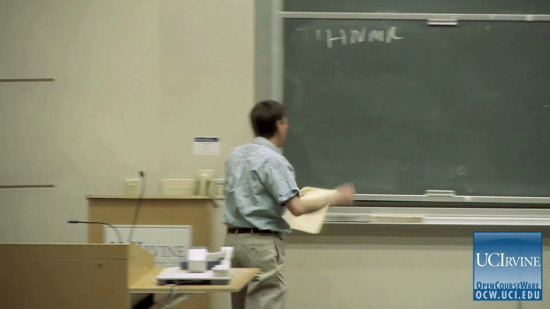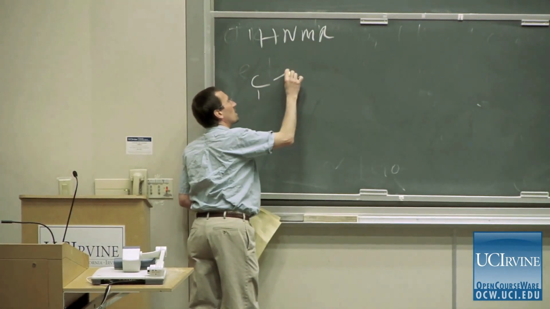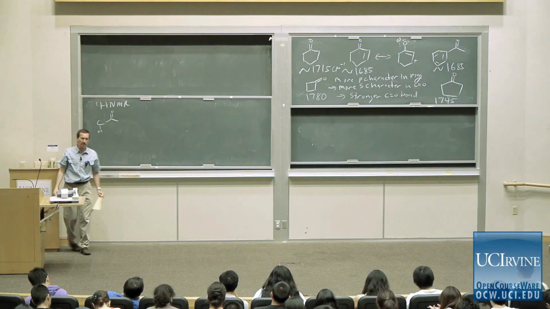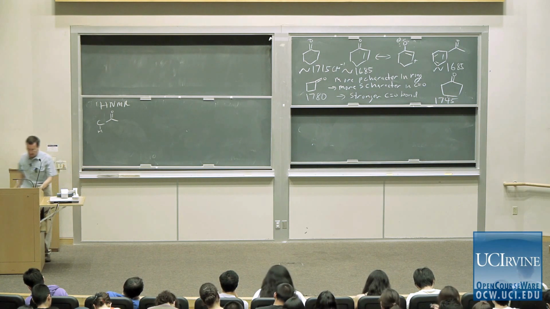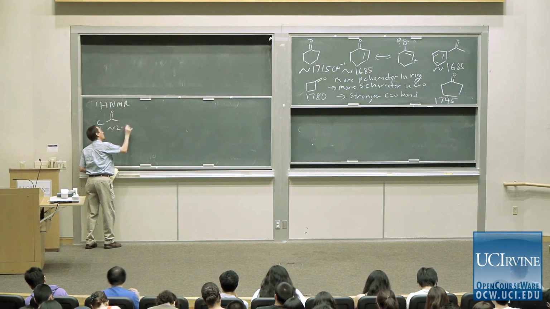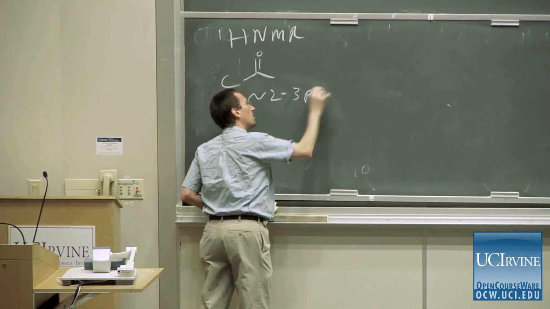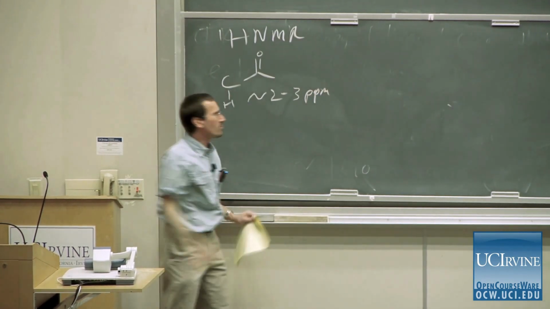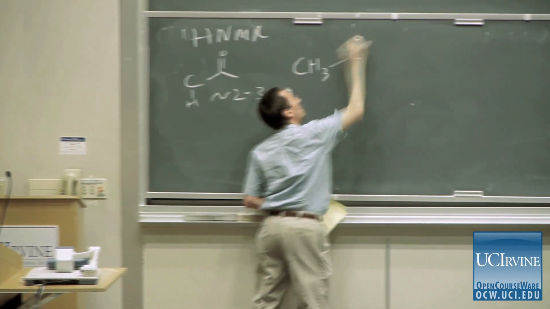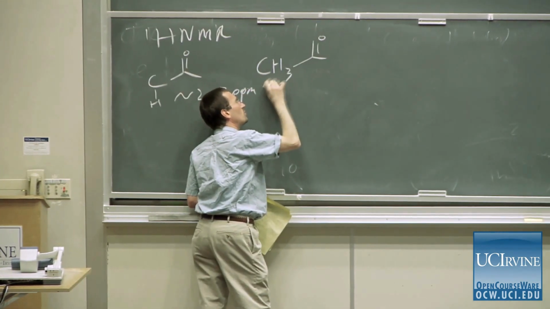Ditto, if you have a hydrogen that's next to a carbonyl, you tend to have sort of a general area that that hydrogen might be at, generally about 2 to 3 ppm, depending on the type of hydrogen. So for example, a methyl group off of a carbonyl tends to be more about 2 ppm.